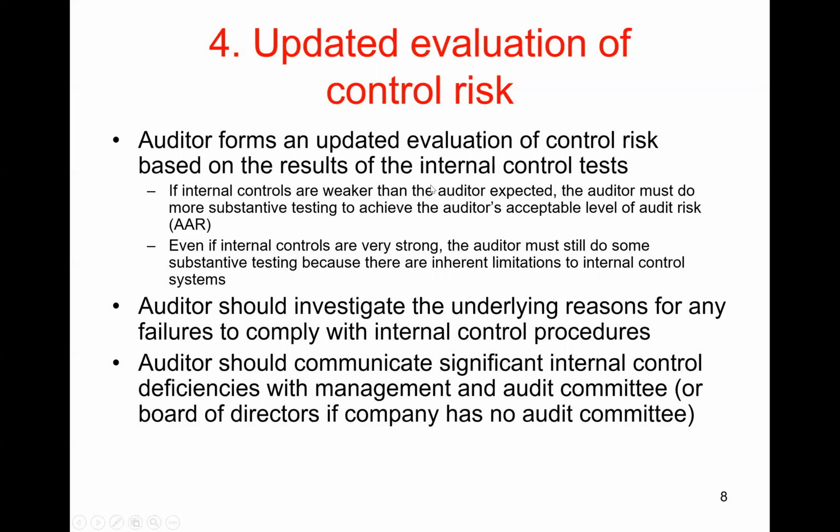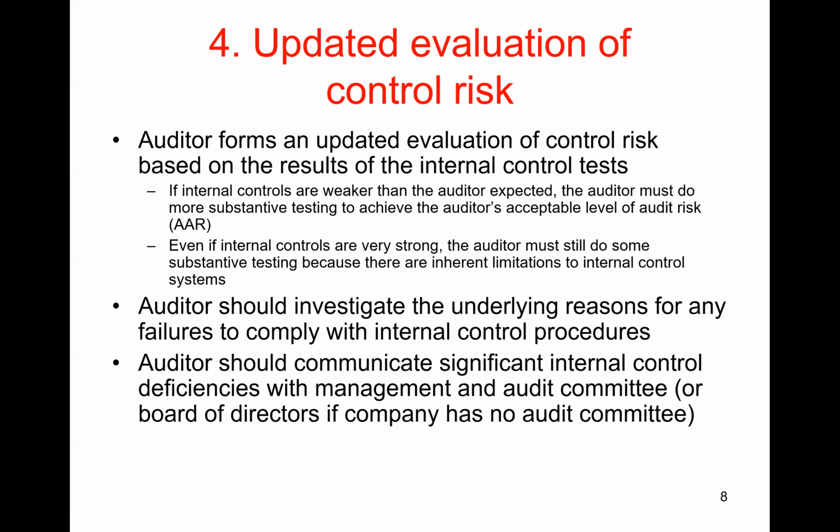Now, if that's the case, then you need to do more substantive testing to achieve your desired or acceptable level of audit risk. Now, even if you find that the controls are very strong, so your preliminary evaluation of control risk was low, and you test the controls and you find that it all seemed to be working well, you still have to do some substantive testing, right?